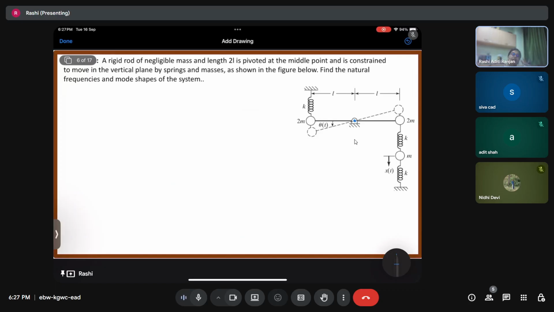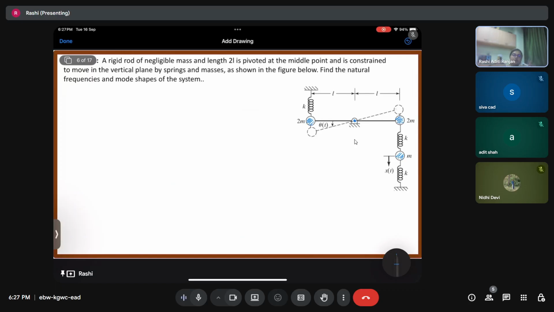Over here, we have three masses, 2m, 2m, and m. So we need to find three equations and the three modal frequencies and mode shapes, right?